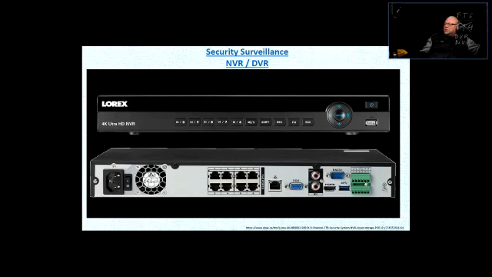These will be trigger points. They can be connected to motion sensors that operate the same as the security alarm, and the purpose of those trigger points is that sometimes, in order to save space on the hard drive on the NVR, the cameras are not recording all the time.